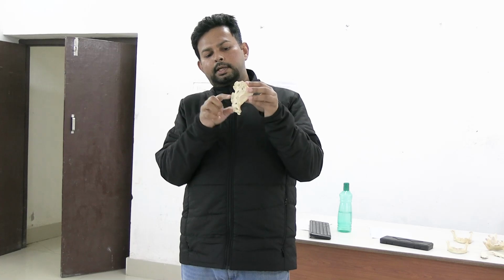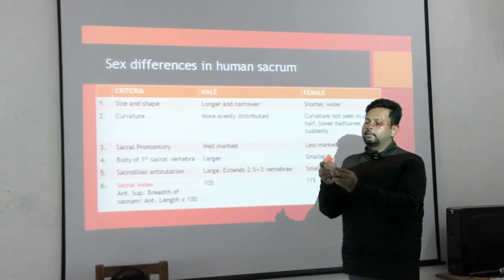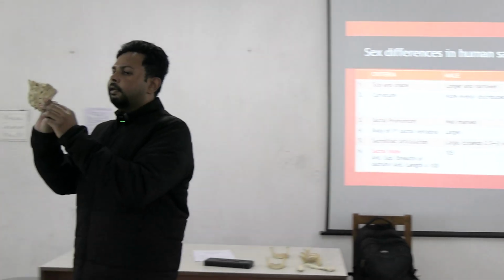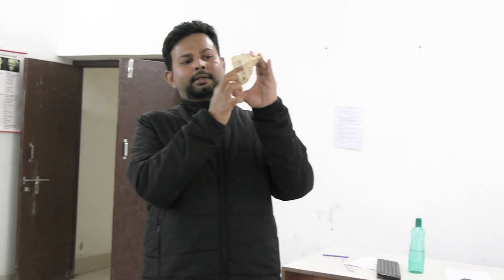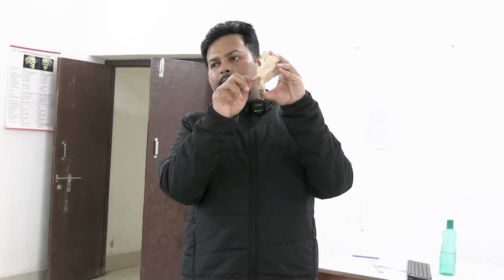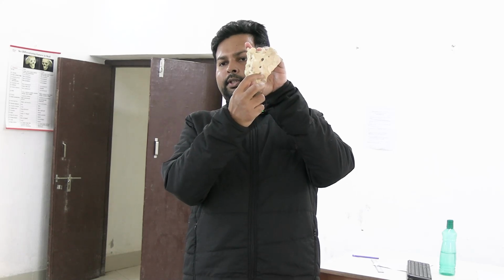When you compare with these foramens or this line, it will extend below. If it is 1, 2, this is 3, third. So it has not crossed the third, up to 2.5.